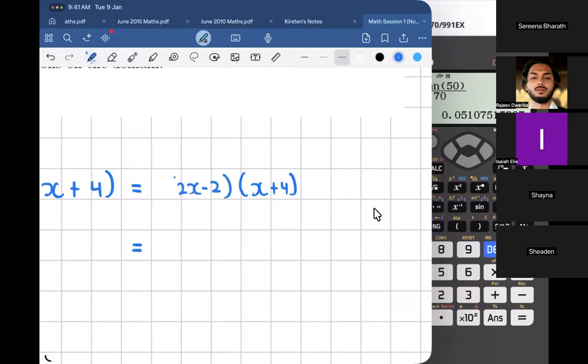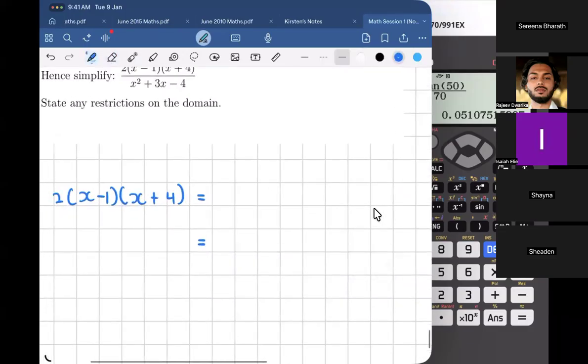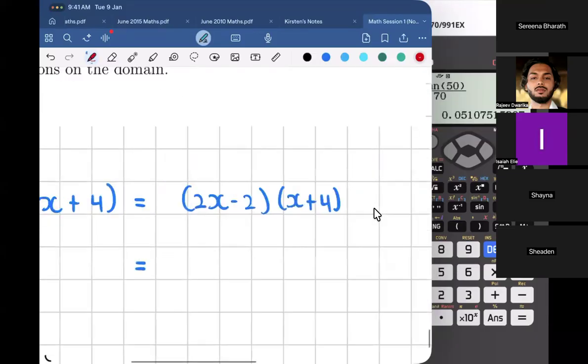What is 2x by x? 2x squared. Right? I'll write this a little bigger. 2x minus 2 by x plus 4.